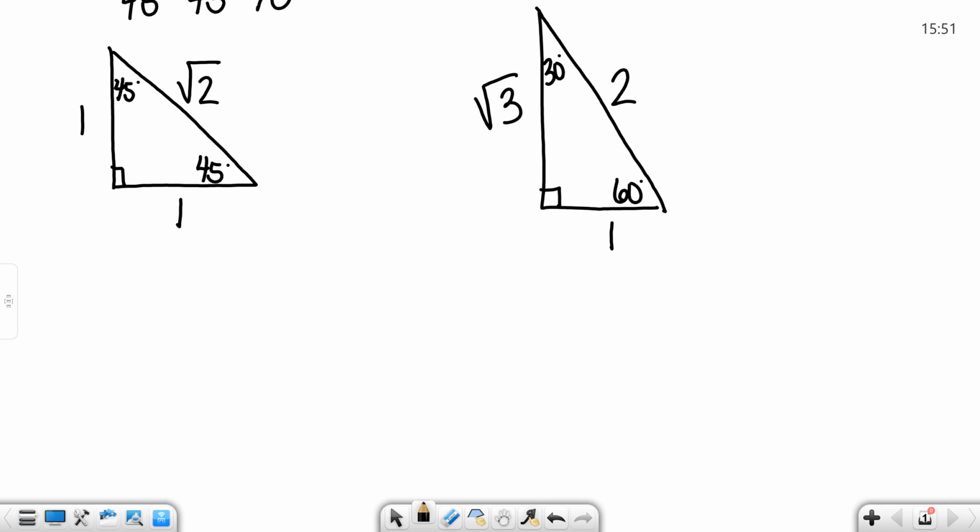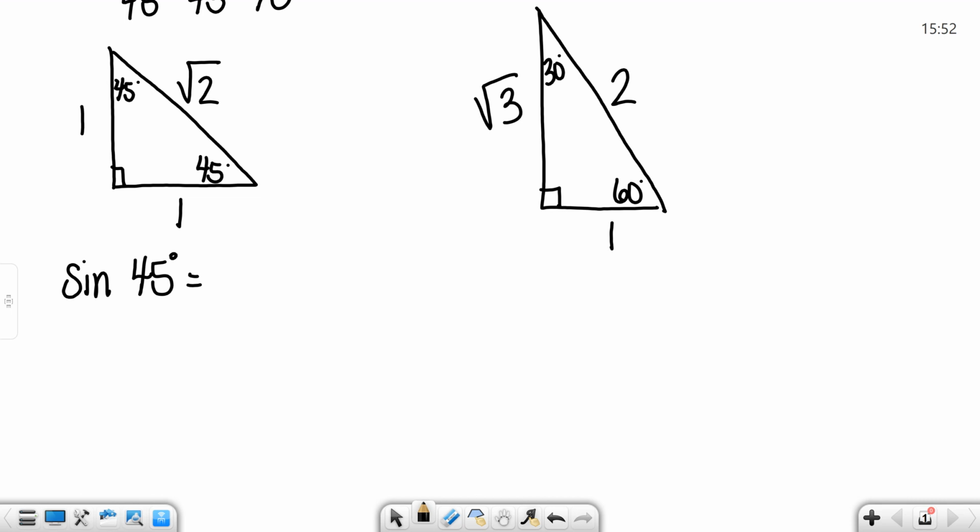If I've got the triangle, it's really simple. The problem is I sometimes forget how to label 1, 1 and square root of 2, or 1, 2 and square root of 3. That gets a little crazy.